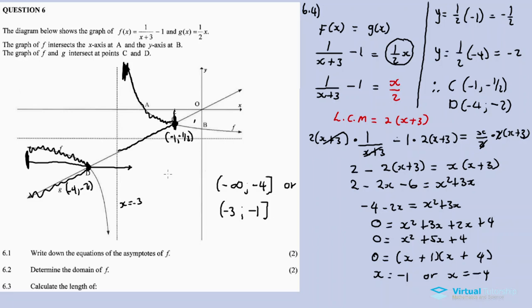So therefore the range starts here at negative 3 all the way up to negative 1. So from negative 3 to negative 1, f is above and g is below. So the range will be negative infinity to minus 4, or negative 3 to minus 1.